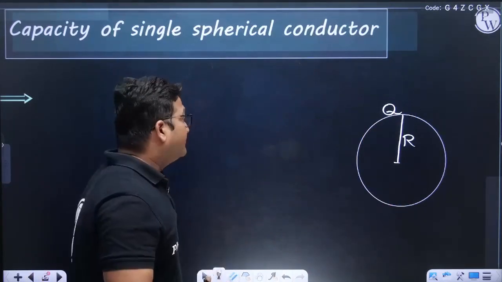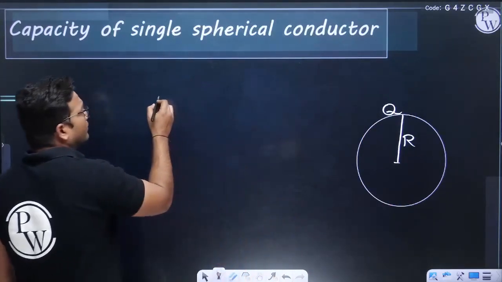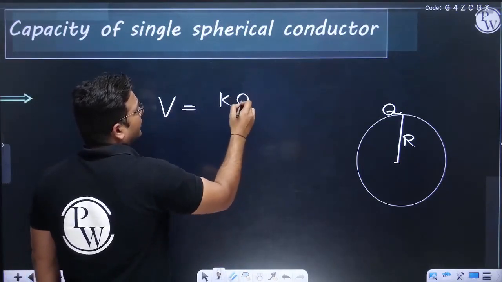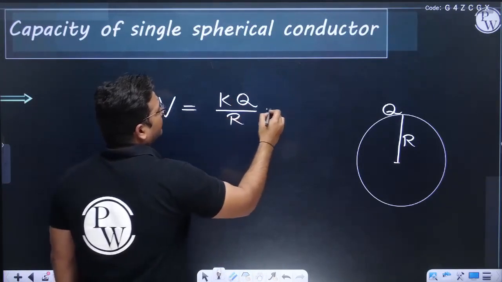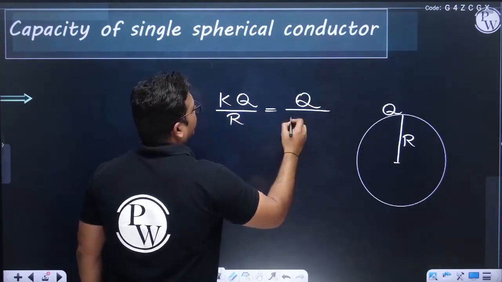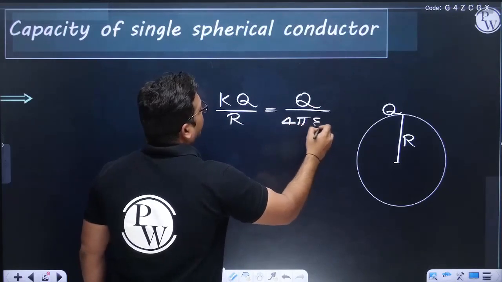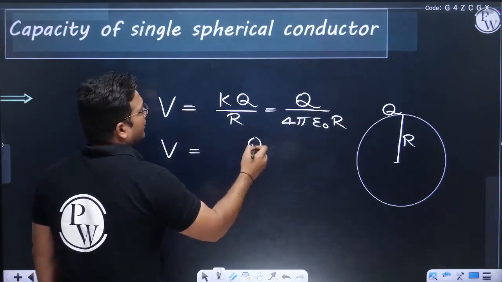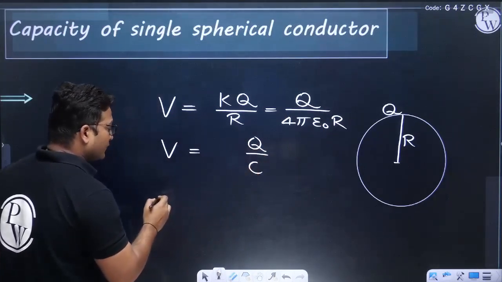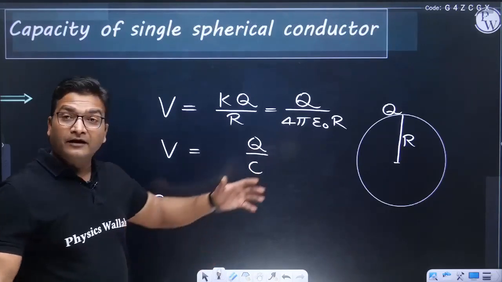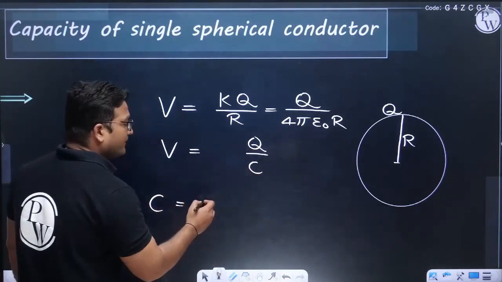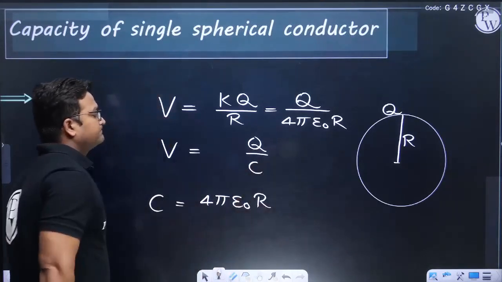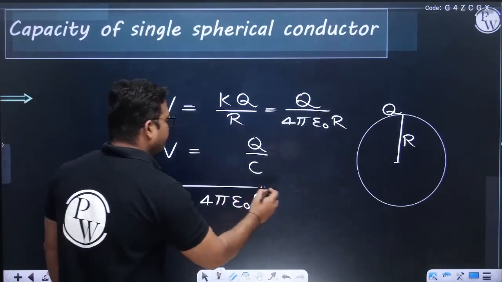And obviously, you know the potential of this conductor is given by K Q by R, or simply Q divided by 4 pi epsilon naught R. If you compare this equation with V equals Q by C, the capacitance of this single spherical conductor would be 4 pi epsilon naught R. So this is the capacitance of a spherical conductor.